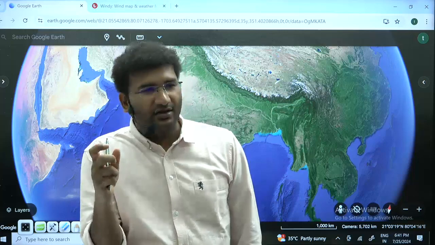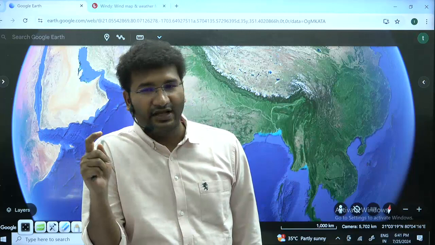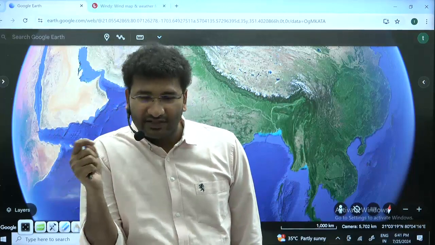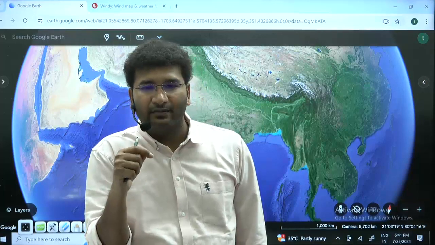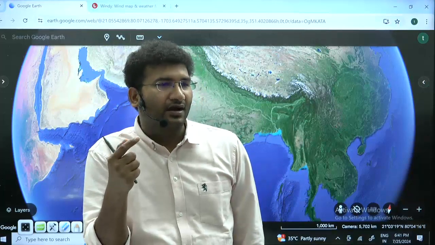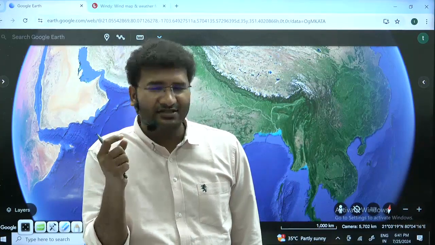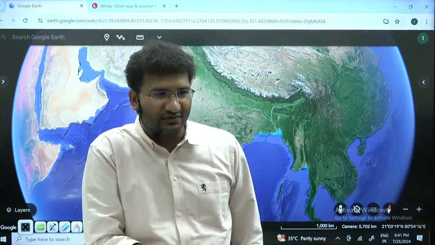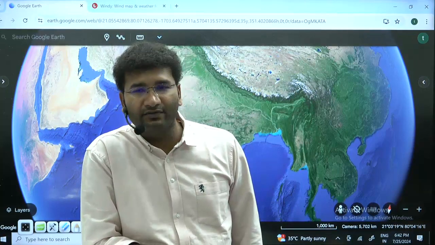Now this rock, if it is present in a water-rich area, then it will become yellow. If the same rock is present in a dry area, where the iron present in the rock is crystalline, crystallization means it is converting into crystals, through a process of diffusion. Now what do you mean by diffusion?